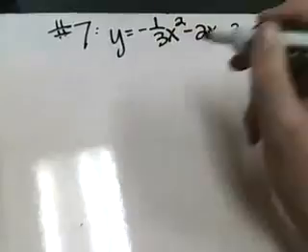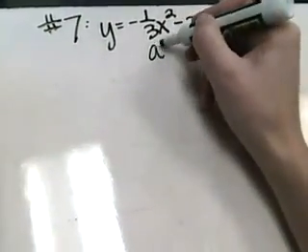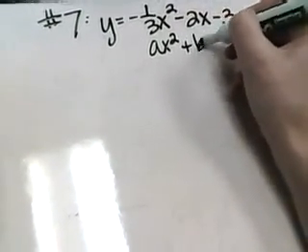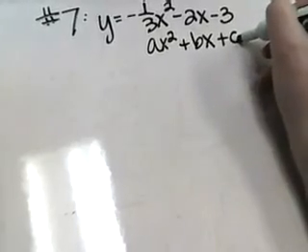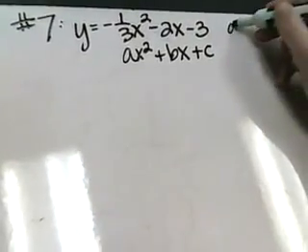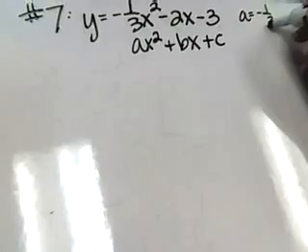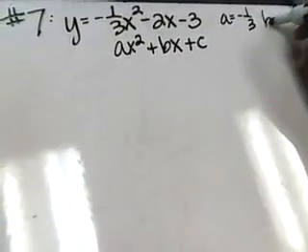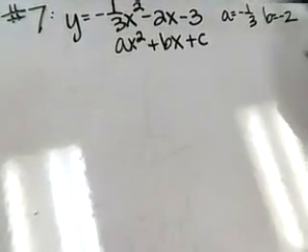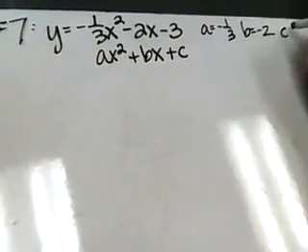Okay, so again, I know this is in standard form because I have ax squared plus bx plus c, where a is negative 1/3, b is negative 2, and c is negative 3.